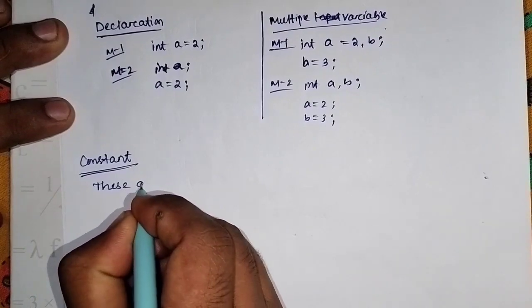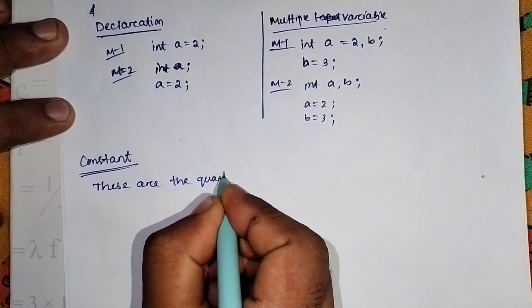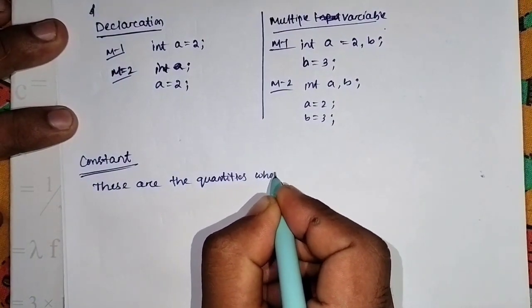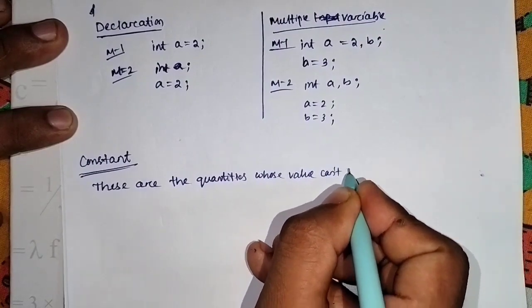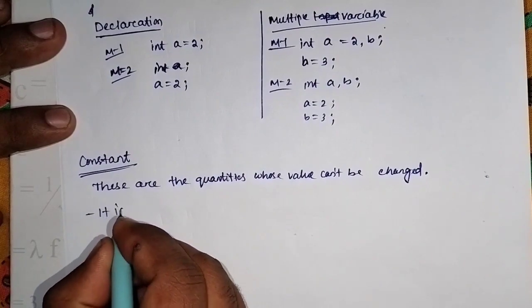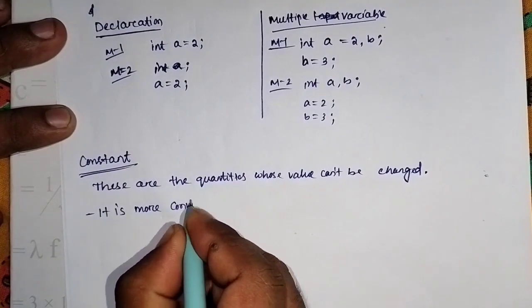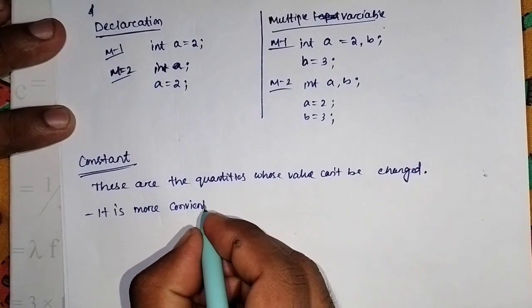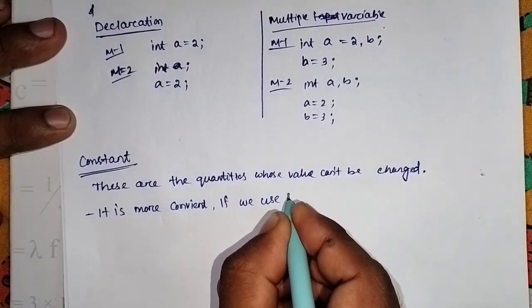Constants. These are the quantities whose value cannot be changed during the execution of code. It is more convenient if we use them in the global declaration section.